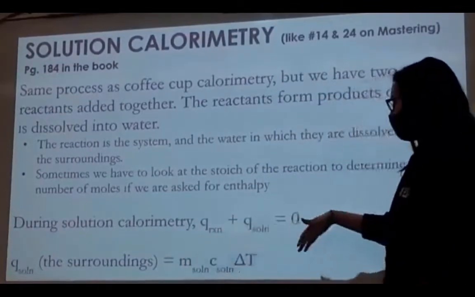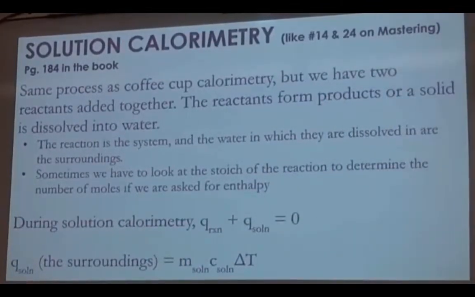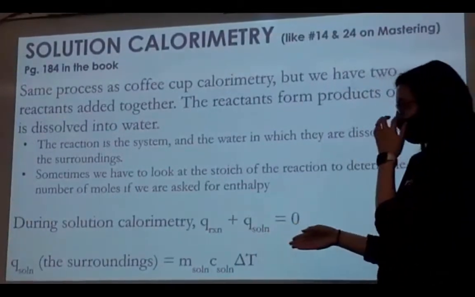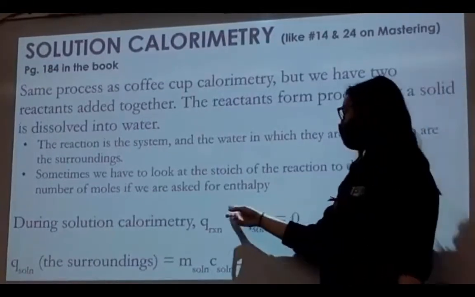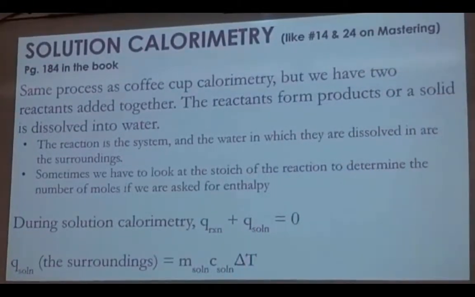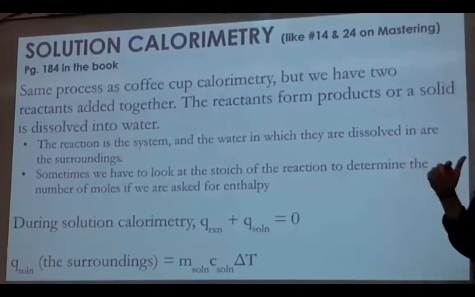Q reaction plus Q solution equals 0, but instead of it being Q combustion plus Q water, it's reaction and solution. Q reaction is typically what we're solving for. So Q reaction is what we solve for. Q solution is what we plug variables into.